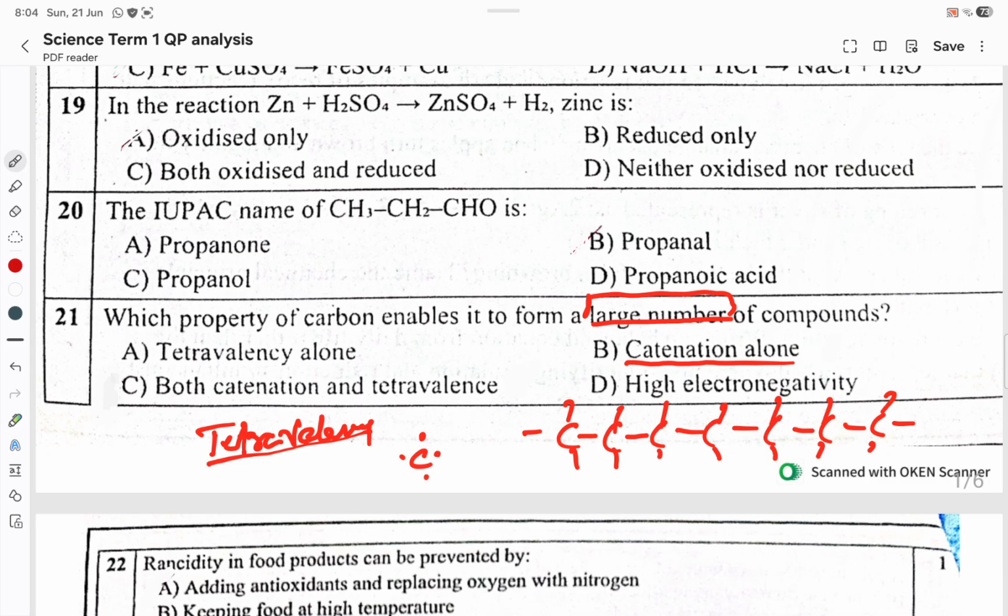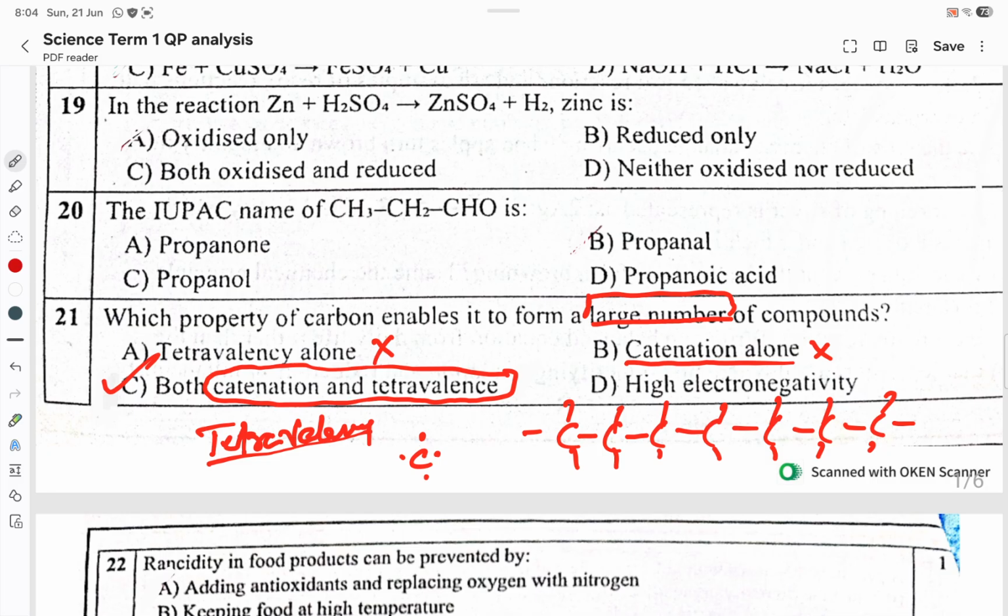So these two are the most important things for carbon to form a large number of compounds. I think you are all clear about this. So here options are given. Tetravalency alone, no. Catenation alone, no. Both tetravalency and catenation, these two phenomena make carbon so special in nature.